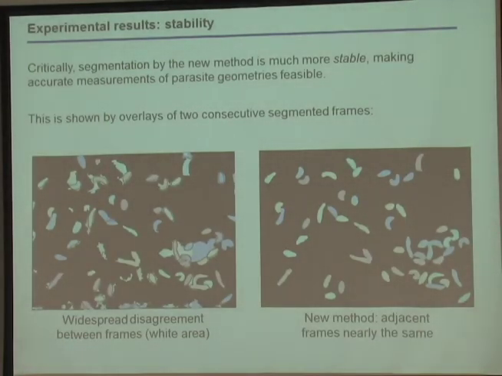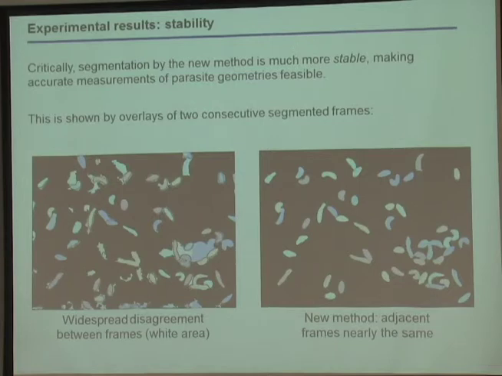Here's another way of showing you why this new segmentation algorithm I briefly talked about is good. This is the old algorithm we had, which was published in ISVC, and this shows the segmentation of 2 consecutive frames using this old algorithm and the overlay of these segmentations. And you see a lot of stuff around, right, which shows that just in 2 consecutive frames, the segmentations are somewhat different.